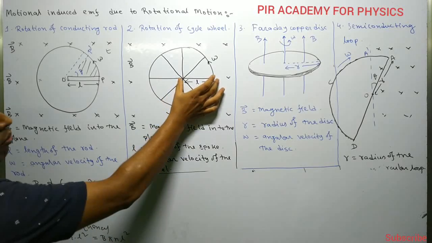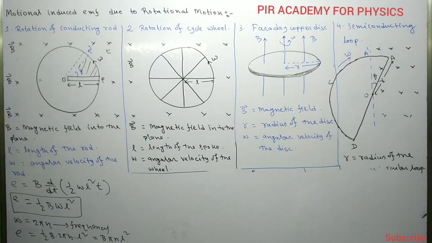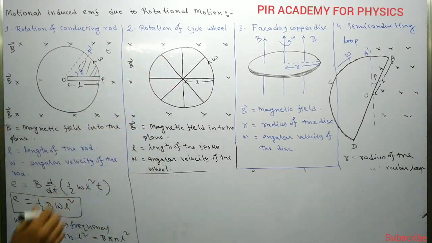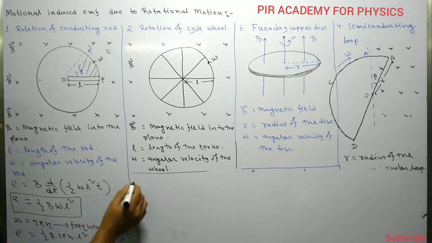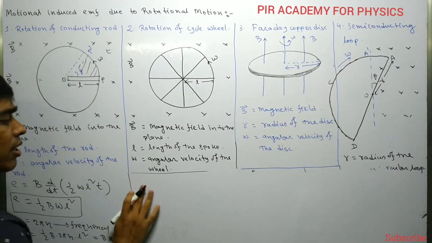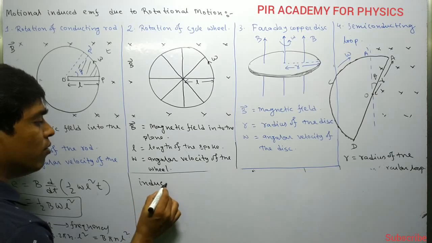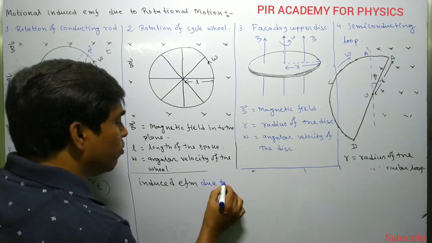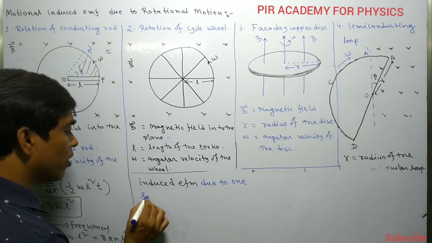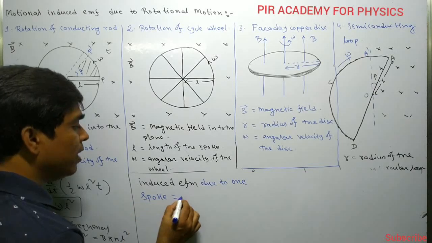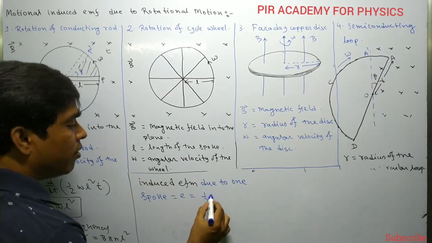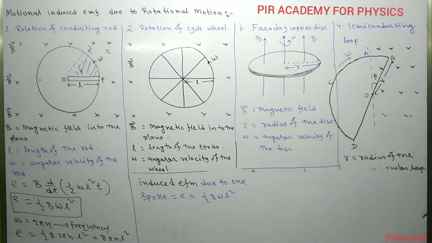Here the length of one spoke is L. Due to one spoke rotating in a magnetic field, the induced EMF due to one spoke will be the same, half B omega L square.